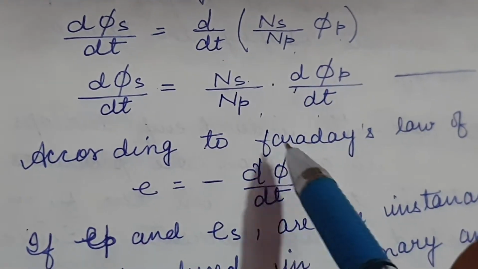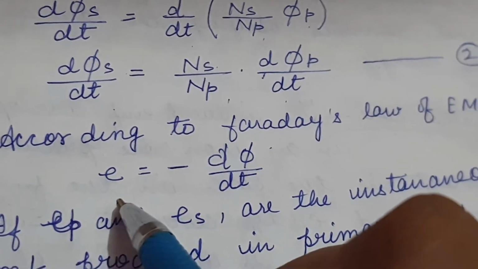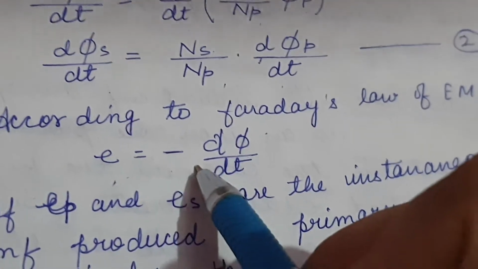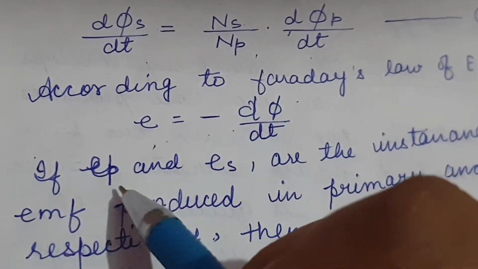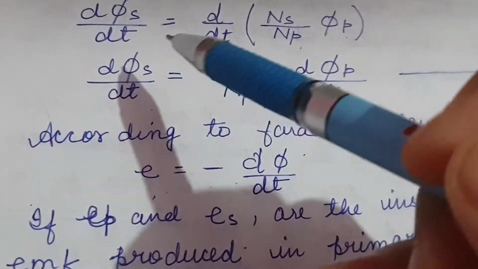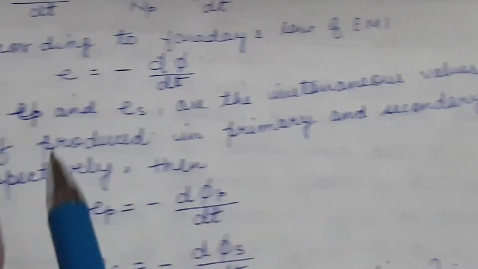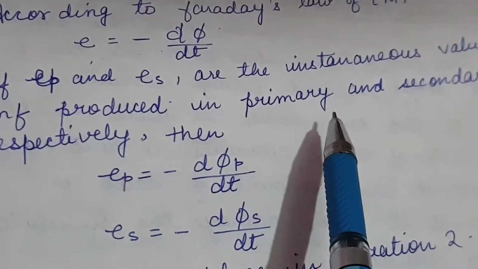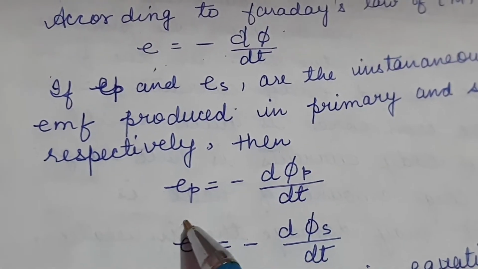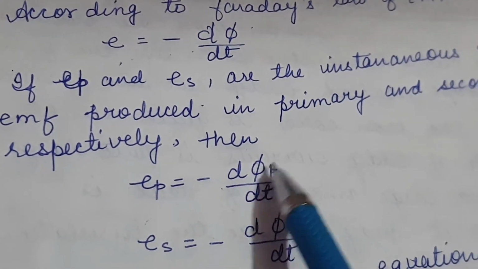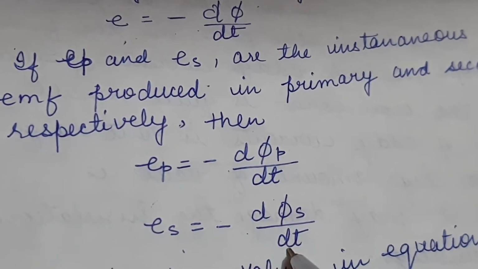Now according to Faraday's law, we know that the induced EMF E is equal to minus d phi upon dt. So if EP and ES are the instantaneous values of induced EMF produced in primary and secondary respectively, then EP will be equal to minus d phi p upon dt and ES is equal to minus d phi s upon dt.